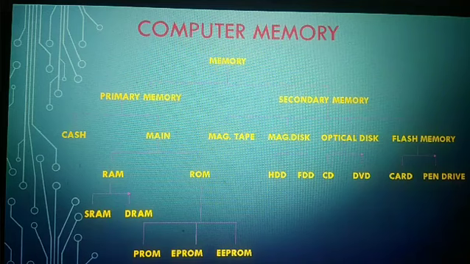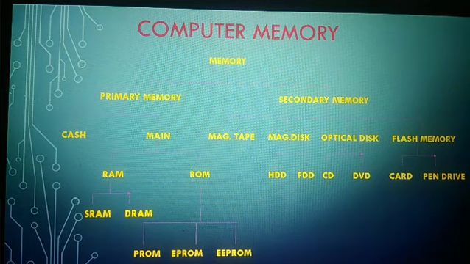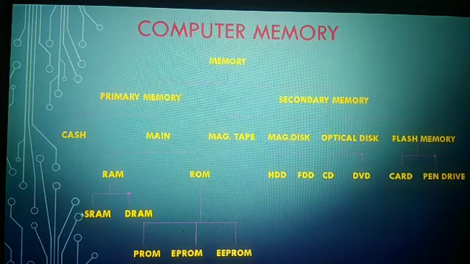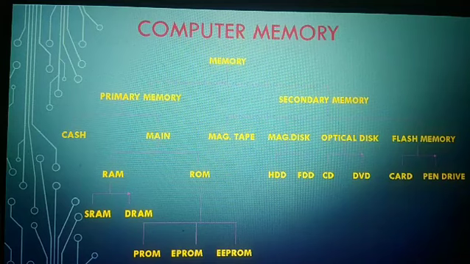So we divide primary memory into two types: cache memory and main memory. So now we will see what is cache memory. It is placed on the motherboard in the form of a chip.